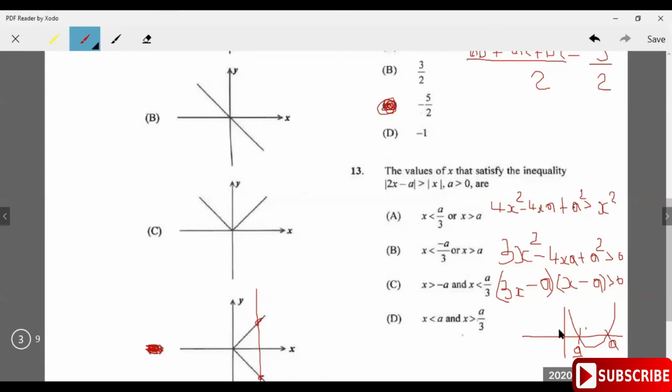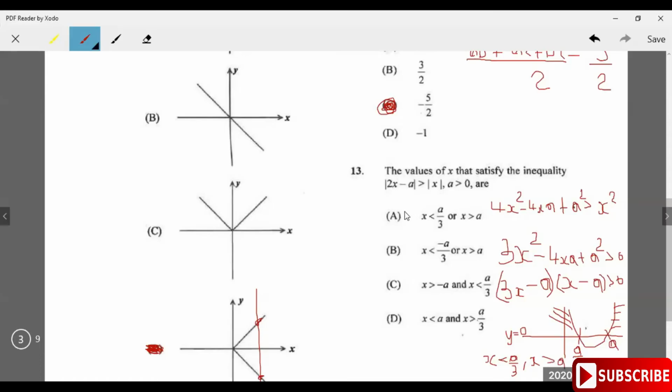Now we want the value of the function when it is greater than 0. This is the line y equals 0. And we want when it is above that, so we want all of these values. So it's only going to be above when x is less than a over 3, or from this side, when x is greater than a.